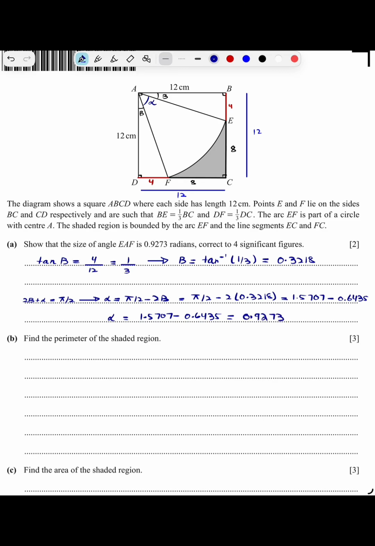Yeah, so this is actually the answer they had given us. So yeah, we've shown the exact answer.